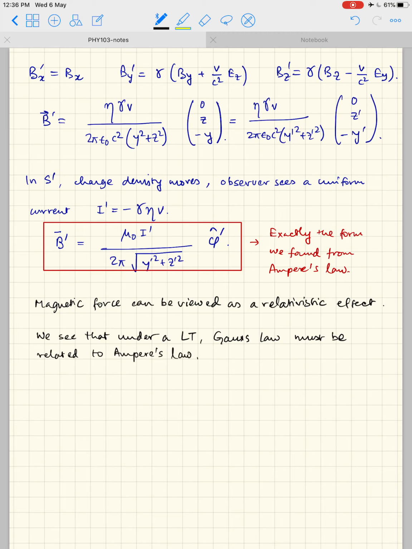And this will become clear in the next lecture when we write this in clearly relativistic language. We will see what has happened.